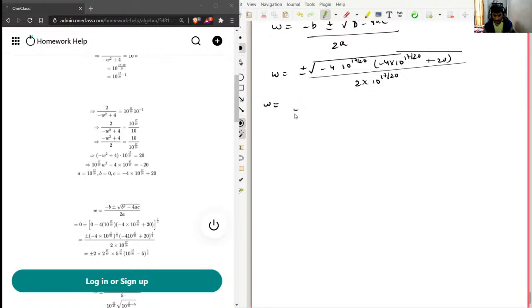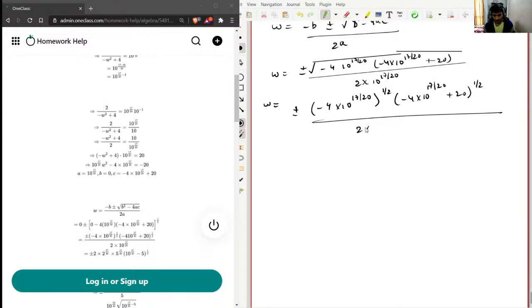It is better to write it in the power of 1 by 2, so this will be plus minus 4 into 10 power 17 by 20, minus 4 into 10 power 17 by 20 plus 20, all to the power 1 by 2, over 2 into 10 power 17 by 20. Just a minute.